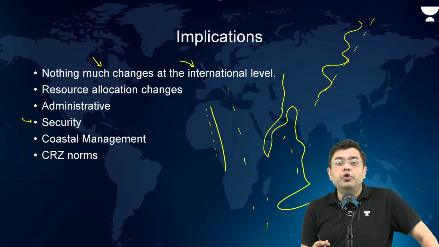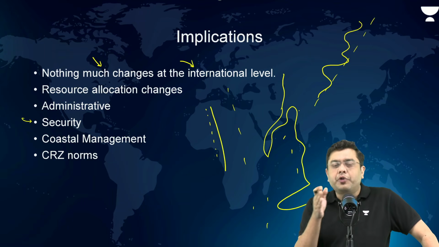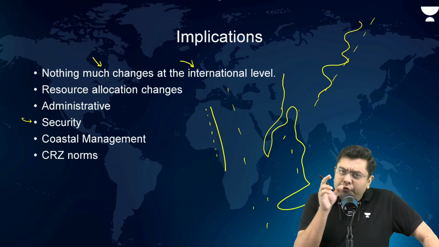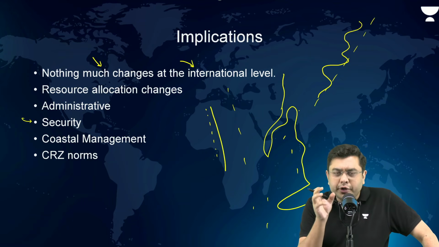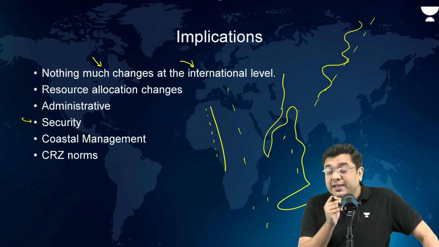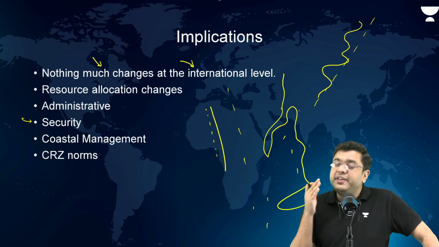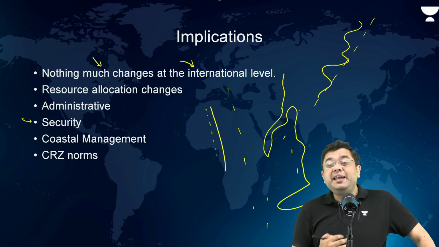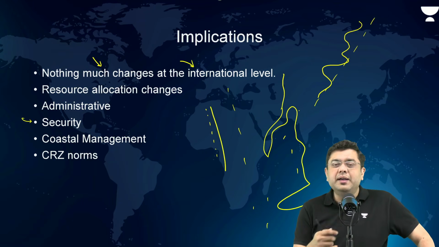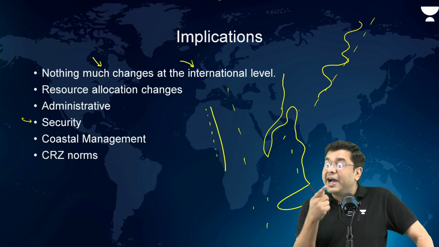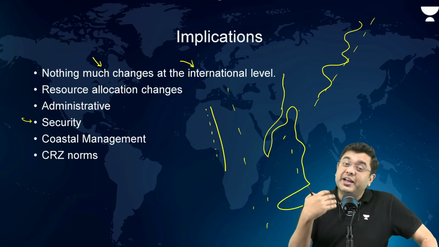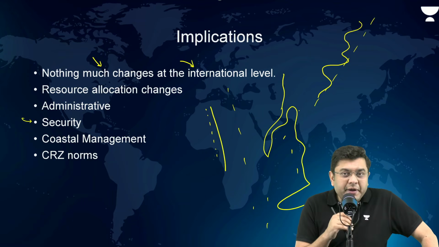Coastal Regulation Zone, which follows the distance from the coastline and the shoreline for the CRZ1, CRZ2, CRZ3 categories, 3A, 3B, all of these will also change. Many of the creeks and estuaries which were ignored earlier will now be counted. So that also changes the CRZ norms, and so the construction permits that will be required.